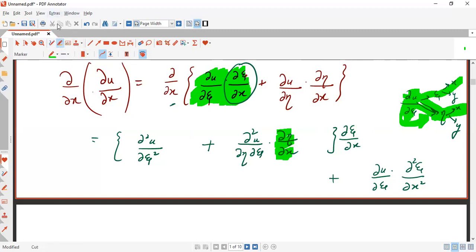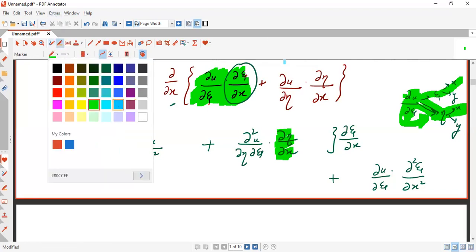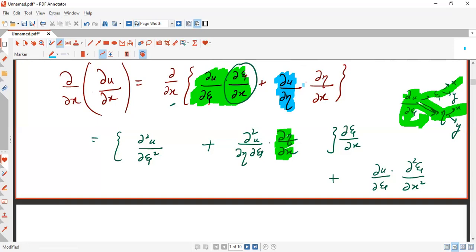What will happen to the next one? Try it out. Del u upon del eta is again a function of xi and eta.